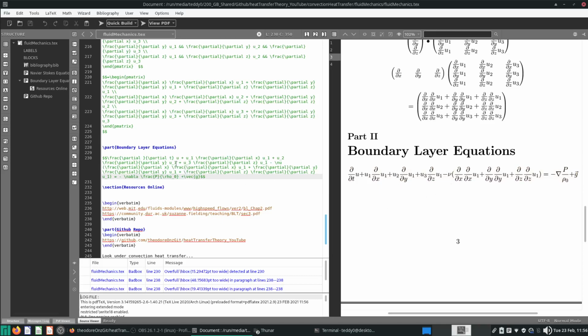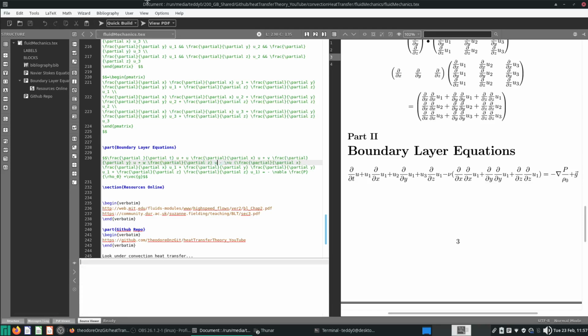And u1, u2, and u3 can be replaced. So u2 will be the y velocity, which is v. u1 will be the x velocity, which is u. u3 will be the z velocity, which is w.